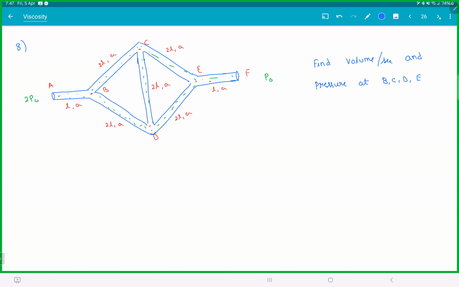P by 4R. Okay. Pressures are 2P, 7P by 4, 6P by 4, 5P by 4. Okay. Looks fine.